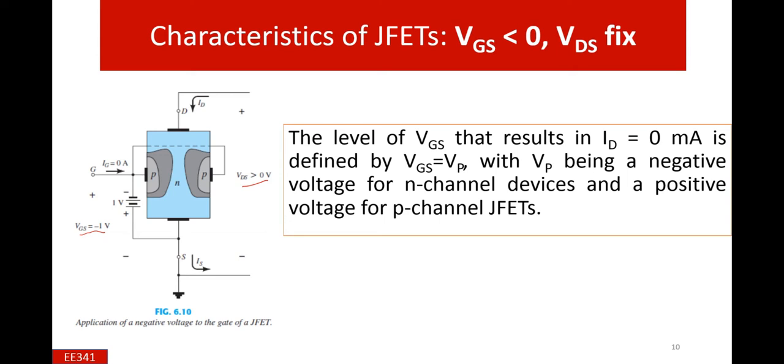For the negative voltage, for example, maybe some minimum negative voltage, there is an applied voltage between gate and source, and for the low values of VDS, this effect is established just like the similar case when VGS is 0 at lower values of VDS.